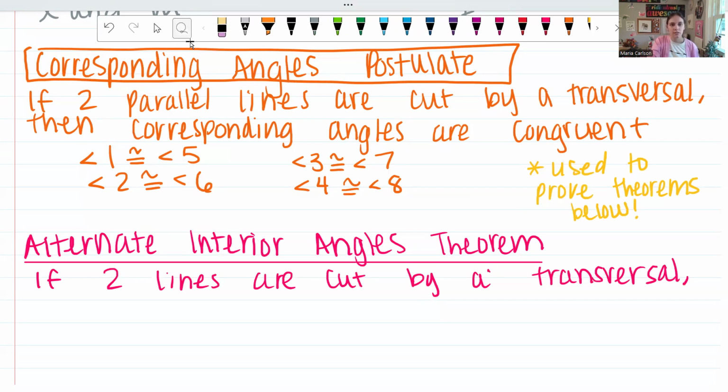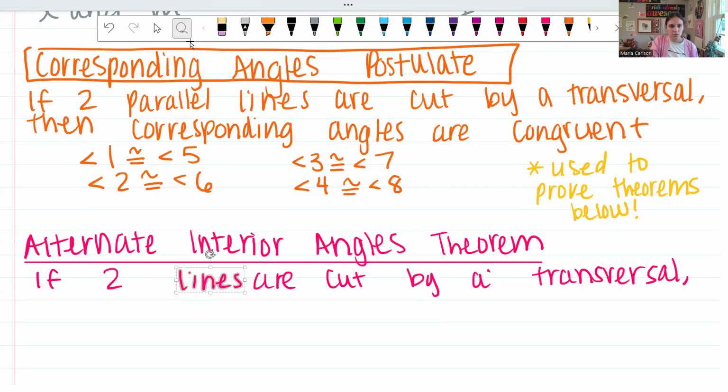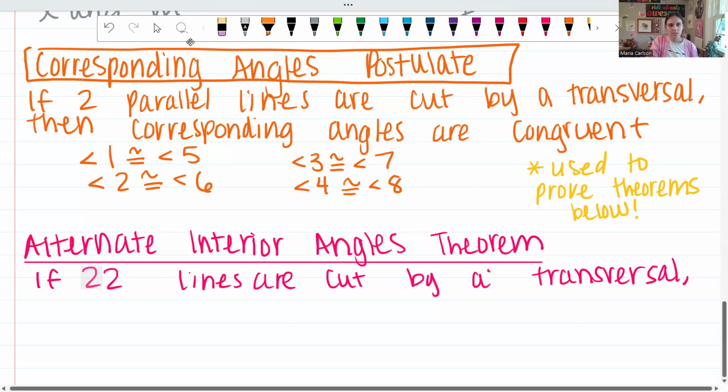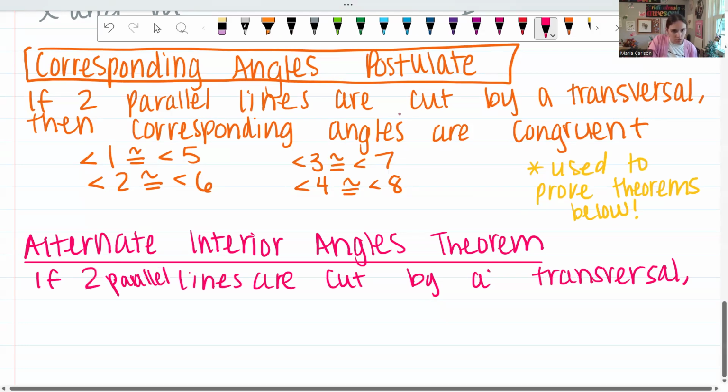When two parallel lines are cut by a transversal. Not just any two lines. Okay, so if two parallel lines are cut by a transversal, then alternate interior angles are congruent.